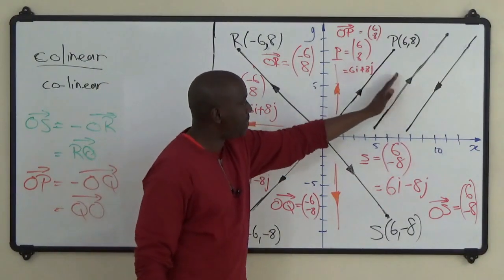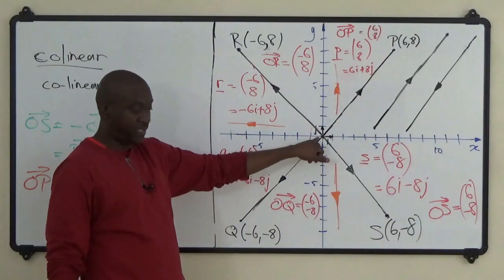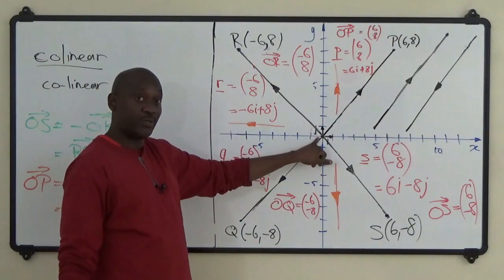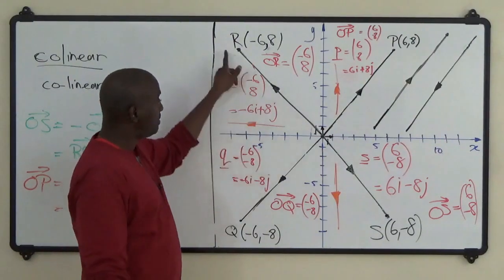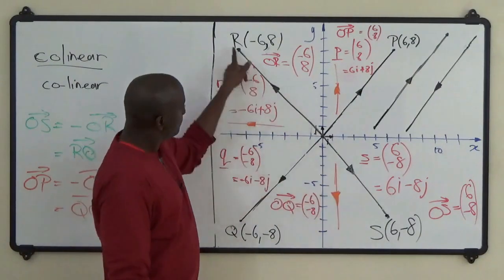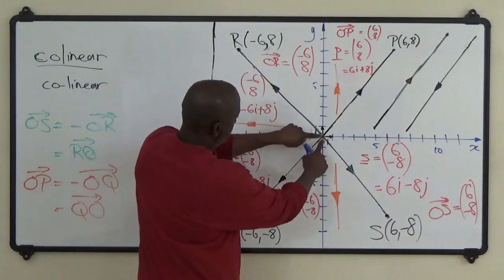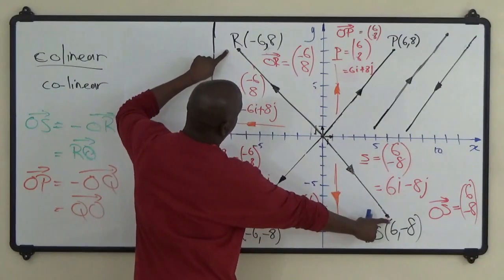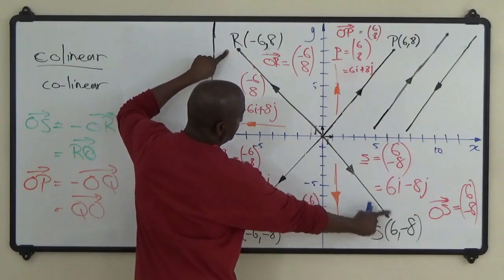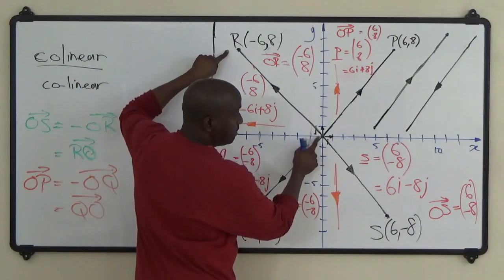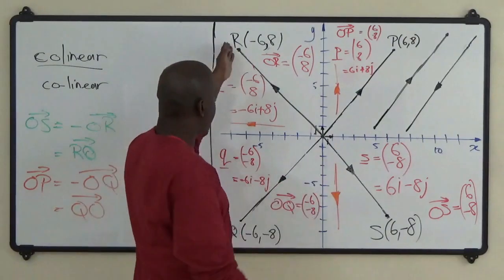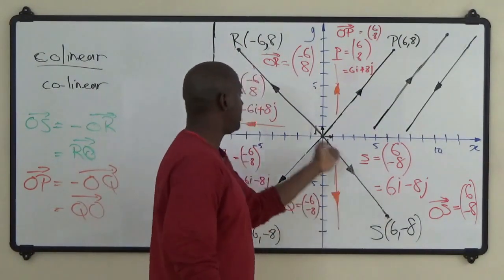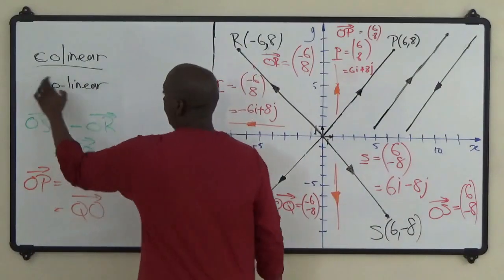It means that the lines are parallel. And if the two parallel lines have a point in common, then they have no choice but to be collinear. Same thing over here. Opposite directions, OR and OS, but they have a point in common. It means that they all lie along the same line. It means that they are collinear.